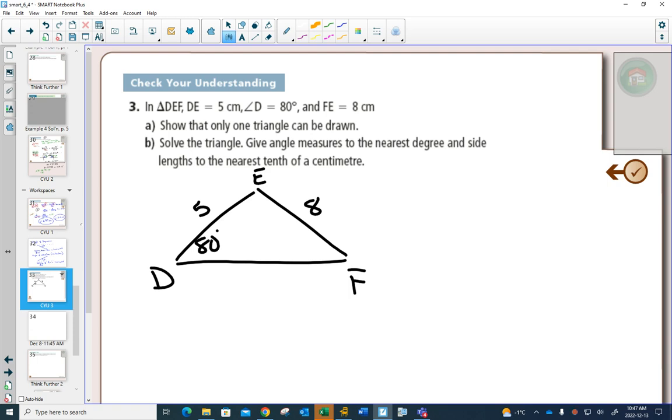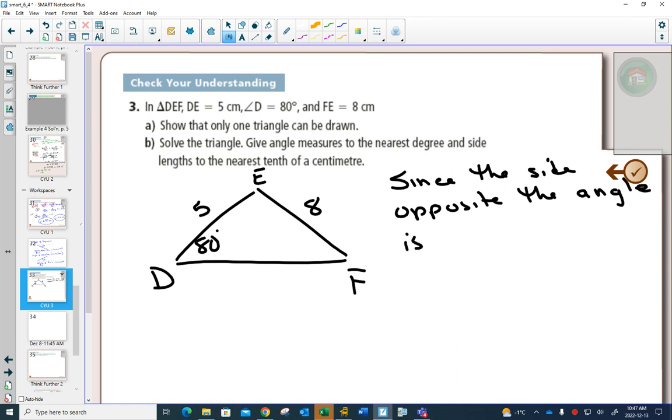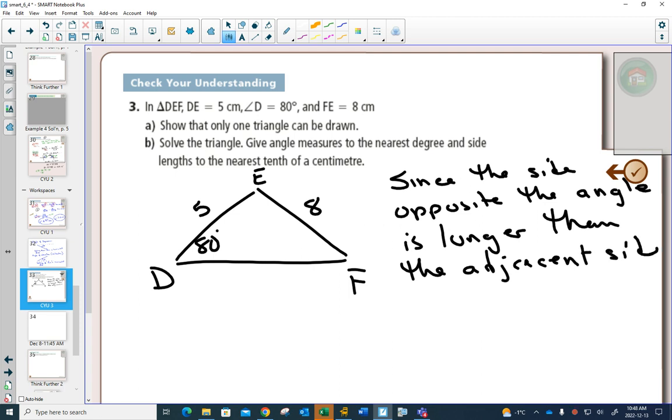No. So since the side opposite the angle is longer than the adjacent side, there's only one triangle.